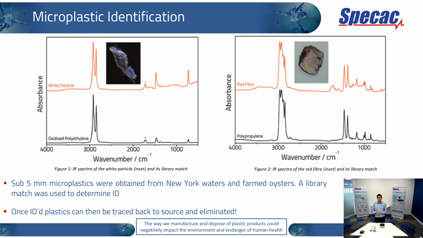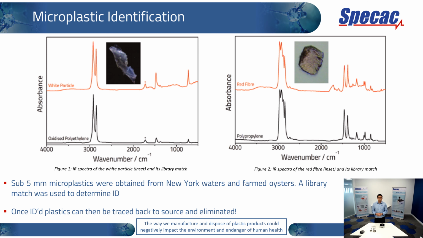So this application is particularly important now, especially because first of all it's telling us the way we are manufacturing our polymer products, the quality of our polymer products, the way we're disposing our polymer products, but more recently now we've discovered that microplastics are entering the food chain and endangering human health.